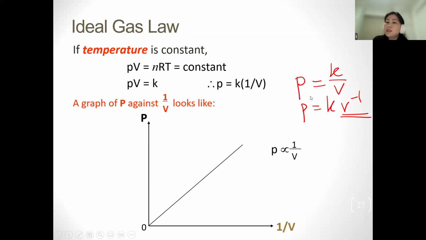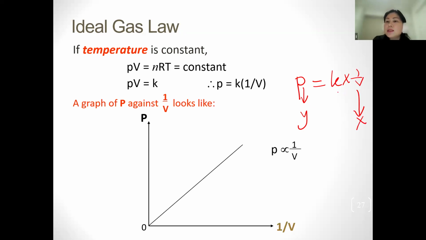My y-axis is P, and my x-axis is 1 over V. P is my y, and this equals K times 1 over V. So 1 over V is my x, and K is my m, so it is a y equals mx graph. If I plot P against 1 over V as the axis, I will get a linear graph, y equals mx, passing through the origin.